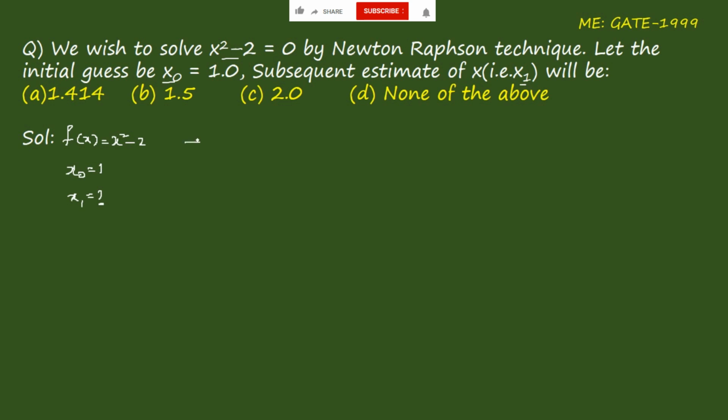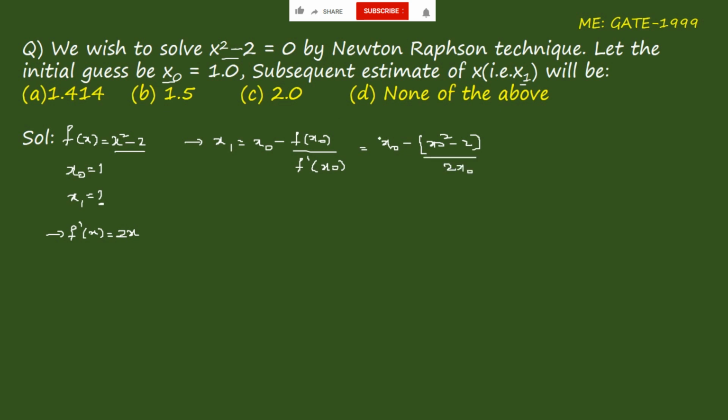Right. For this Newton-Raphson method, we know the formula for x1 is equal to x naught minus f of x naught by f dash of x naught. So first we're defining the f dash of x. Here f dash of x, differentiating this equation, becomes 2x. So all the values we know, just substitute it. It becomes x naught minus (x naught square minus 2) by 2x naught.